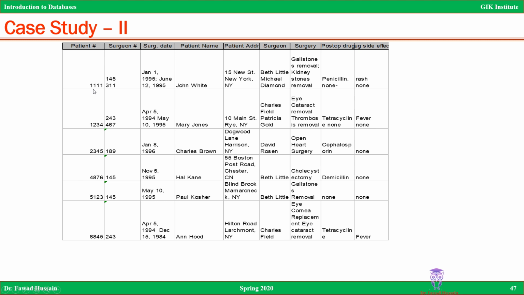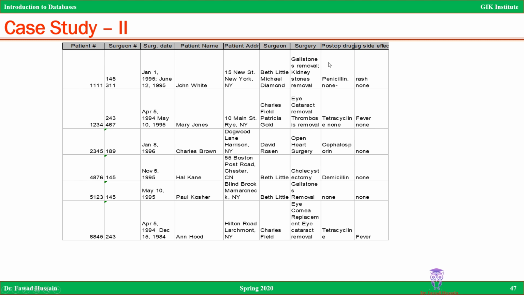So patient number 1111 who had a surgery. In fact, he had two surgeries. The first one was performed by surgeon ID 145 on the 1st of January 1995, and the patient is the same, and the address is the same, and surgeon number 145 was named Beth Little, and the surgery performed was for gallstone removal.